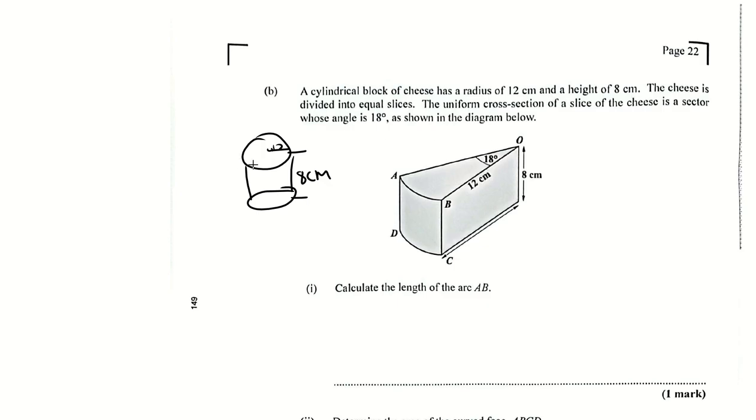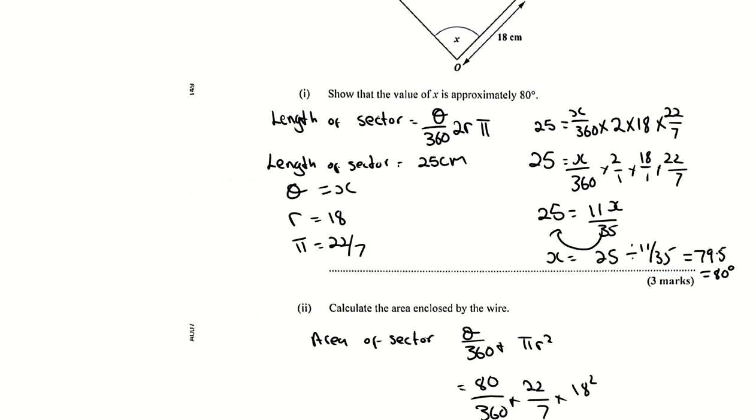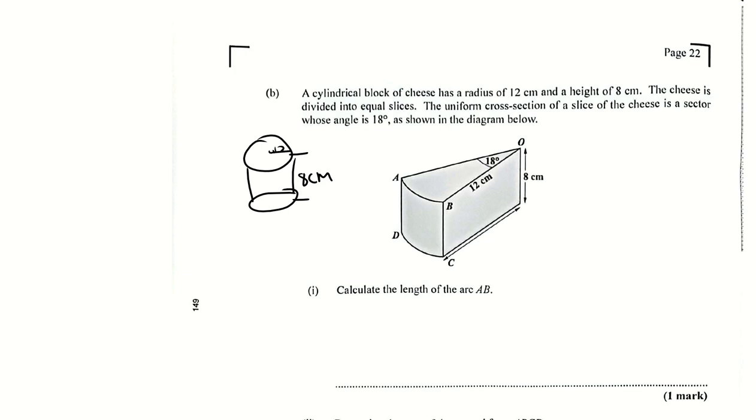So it is divided into uniform slices, and each slice is 18 degrees. Calculate the length of the arc AB. So they want the length of an arc. This here, guys, is not the length of a sector, but the length of an arc, okay? So they want to know what this is.